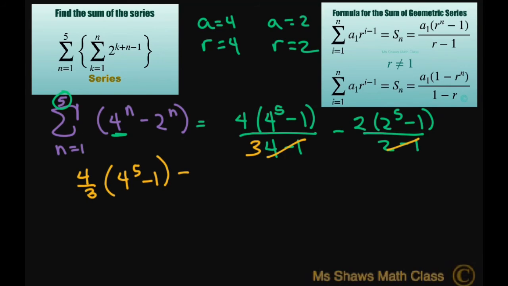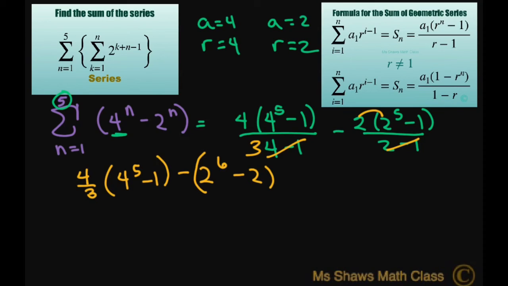Minus, this is just 1, so we're going to have minus 2 times, well, let's go ahead and multiply the 2 since we have some time here. So 2 times 2 to the power of 5 is 2 to the power of 6, and then minus 2. Put this in parentheses here.